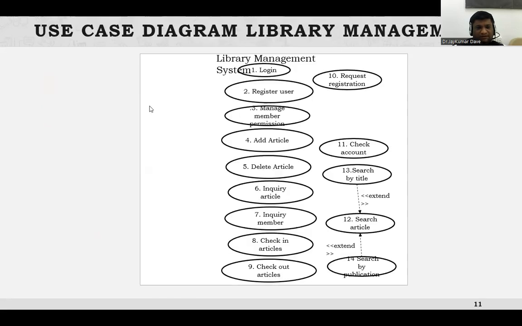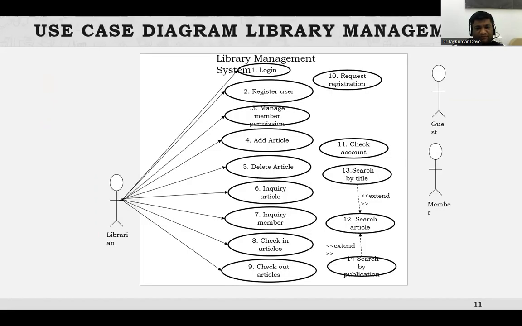let us see the library management system's entire diagram. If you observe closely, at the left-hand side of this particular boundary, which is nothing but the scope of the system, we have one actor titled librarian.